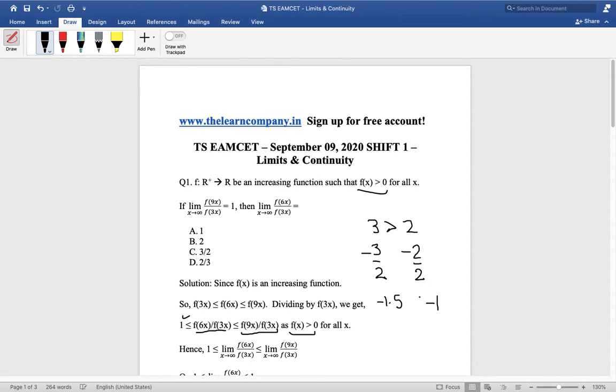So minus 1.5 is less than minus 1, right? So it cannot stay the same sign, greater than, if I divide by a negative number. Since I am dividing all of these by a number which is f of 3x, the sign is staying the same because this number is positive, which is given to us, that f of x is greater than 0 for all x. So the sign stays the same.